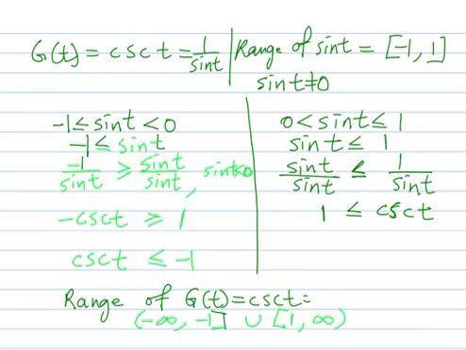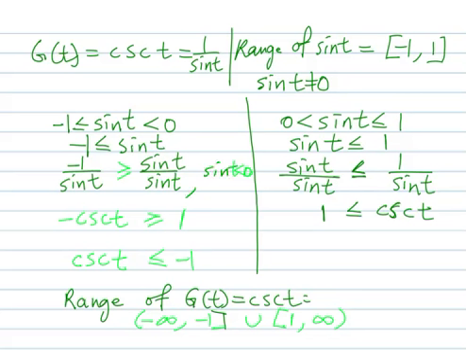When -1 is less than or equal to sine of t, and sine of t is less than 0, we divide both sides of the inequality by sine of t. So we have -1 over sine of t on the left side and sine of t over sine of t on the right side.